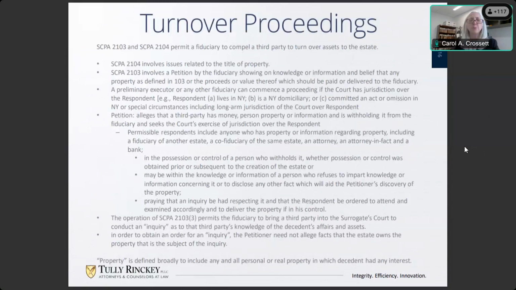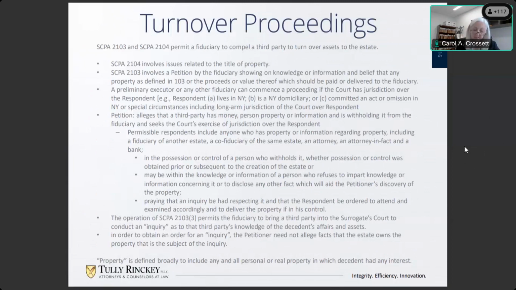So turnover proceedings are really interesting, and this cropped up in a case that I was working on recently as well. SCPA 2103 and SCPA 2104 both pertain to turnover proceedings. They permit a fiduciary to compel a third party to turn over assets or to submit to an inquiry related to information concerning those assets. SCPA 2104 involves title to property.